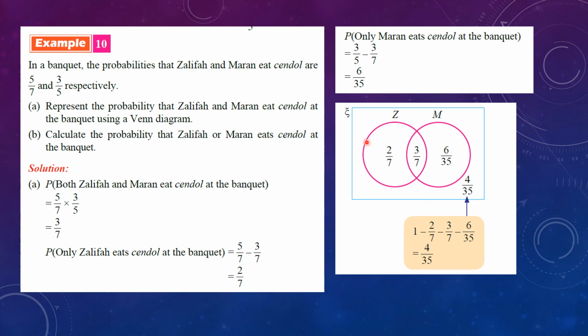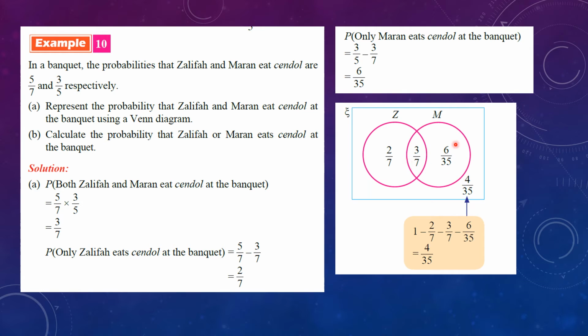So from the calculation, you can draw the Venn diagram. First, you draw the universal set. You draw a box. Then you can draw two sets, one for Z for Zalifa and M for Maran. Then after that, you fill up the values. 2 over 7 is only Zalifa eating cendol. 3 over 7 is the intersection part, that both Zalifa and Maran eat cendol together.